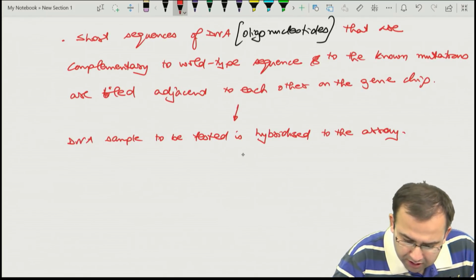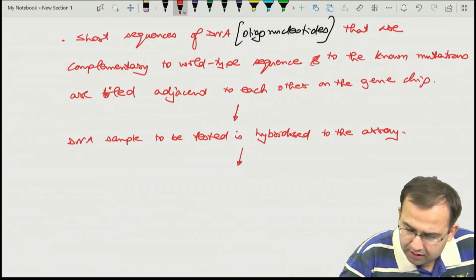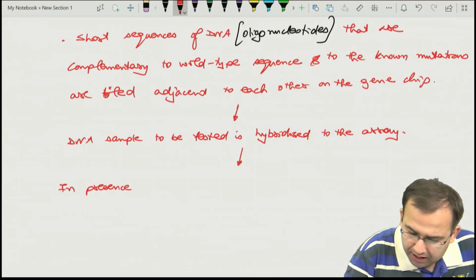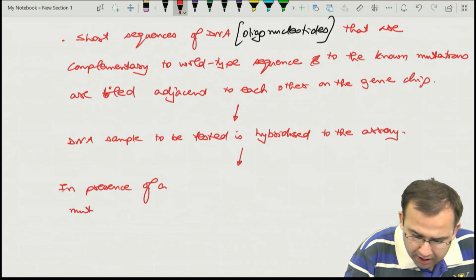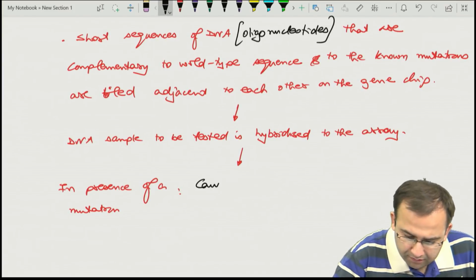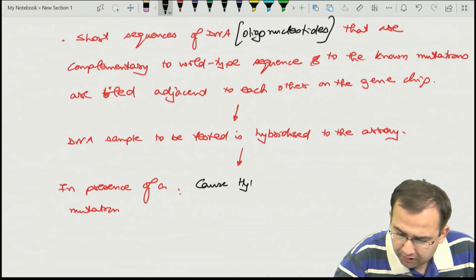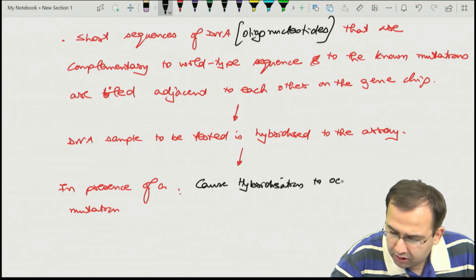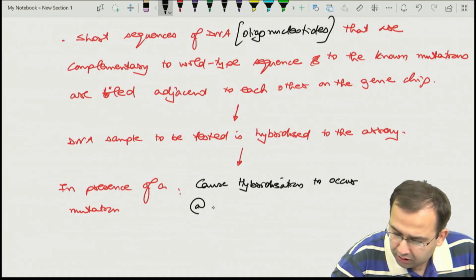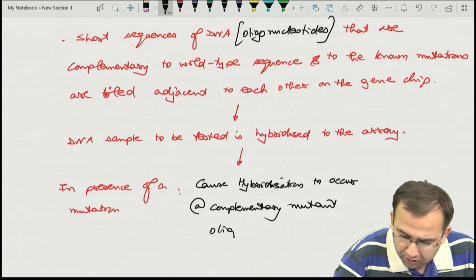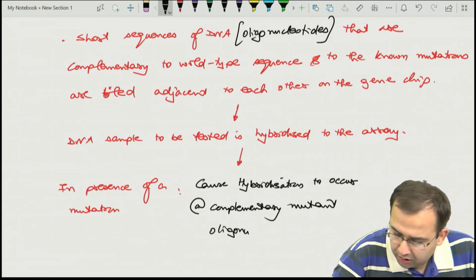Next point, in presence of a mutation, this causes hybridization to occur at the complementary mutant oligonucleotide.